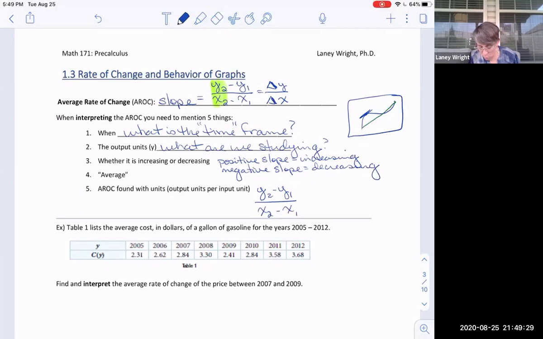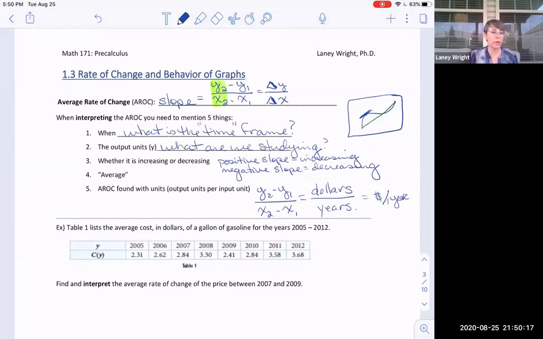So if the Y value is in dollars and the X value is in years, then that equals dollars per year.